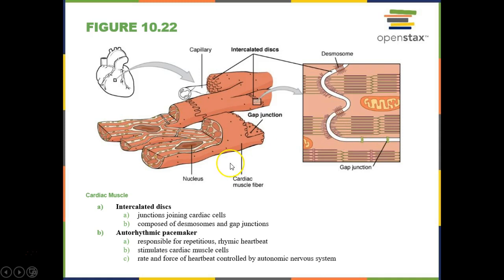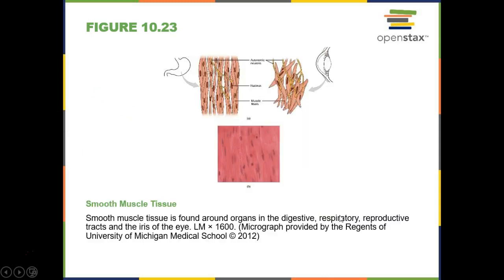So we can send that stimulus from the SA node down to the muscle fibers in the ventricles, so the ventricles will also contract. We'll study cardiac muscle even further when we get into the cardiovascular system.